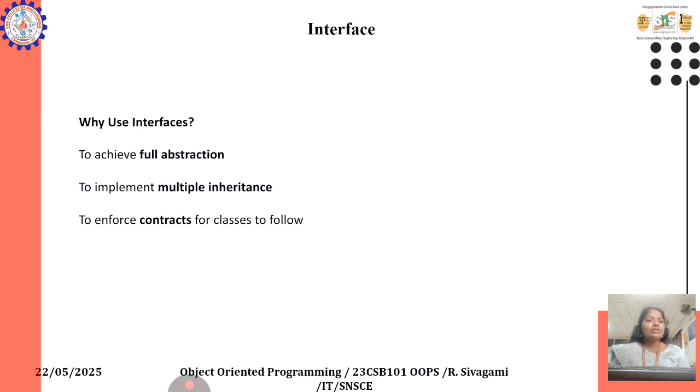The first use is to achieve full abstraction, by implementing the interface instead of multiple inheritance, and to ensure constructs for the classes to follow.